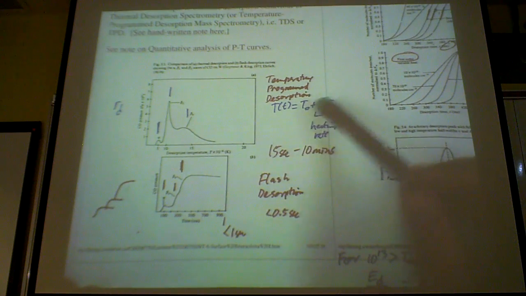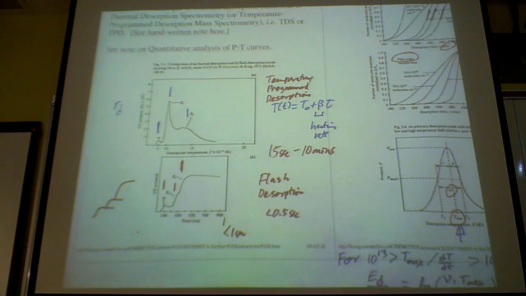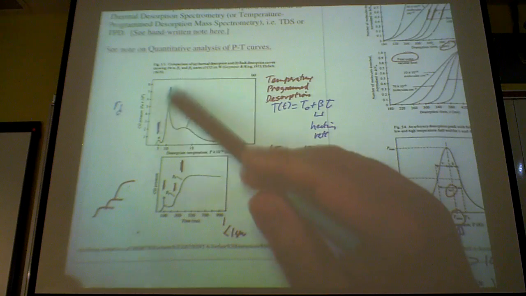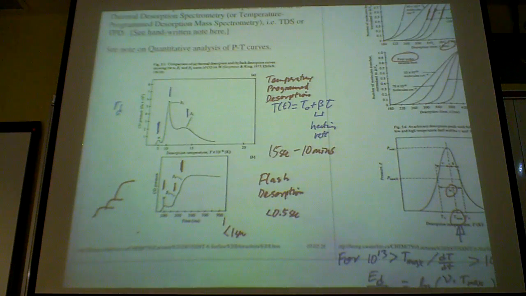So you can really control, depending on how much temperature you want to raise, like maybe 800 degrees C or something like that. Usually it's under 1,000 degrees C when you do this. You can measure these types of things.